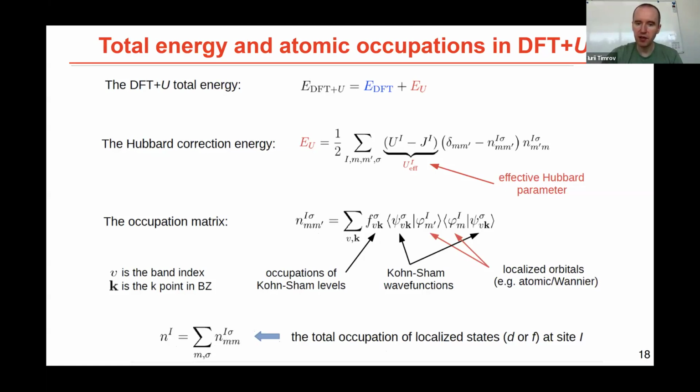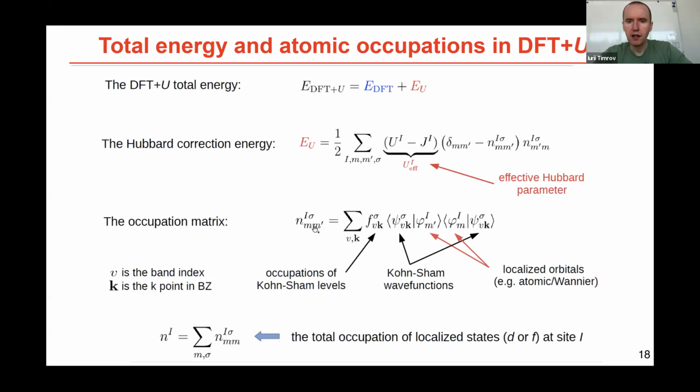In the Quantum ESPRESSO calculation, in the output file, all these occupation matrices are printed. The full matrix is printed. For the 3D electrons of iron, it will be a matrix of size 5 by 5. If you take a trace of this 5 by 5 matrix, basically sum up the diagonal elements, it will give you a number that is the total occupancy of the 3D shell of iron.